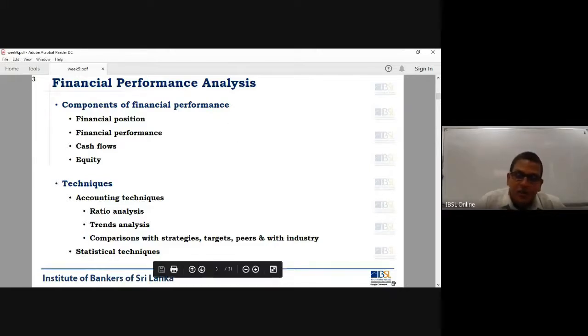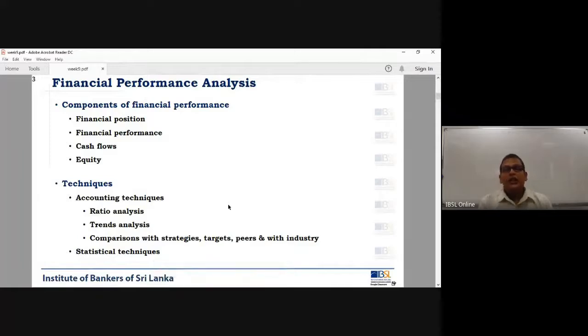The balance sheet shows the financial position, and of course through the P&L we get to know the financial performance, along with cash flow and equity. So these are the components of financial performance.